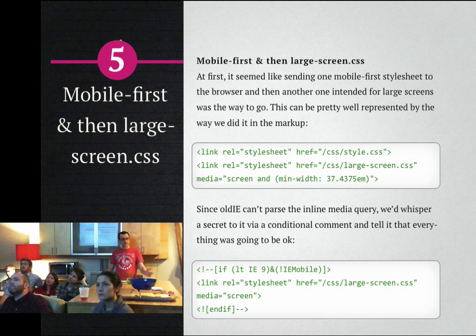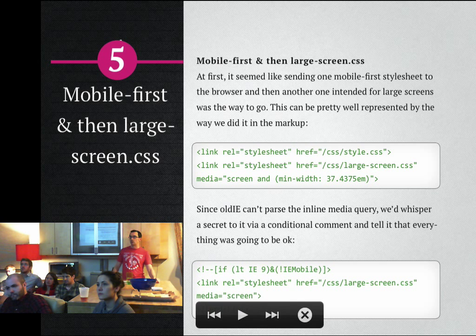That apparently sent one style sheet to small browsers and an additional one to larger ones. Old IE was old IE, so we had to do something else for them to make sure that they saw this, because once it saw that, it said, I don't know what to do with that, and just skipped it. But that was the basic workflow.